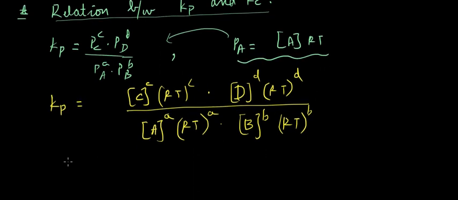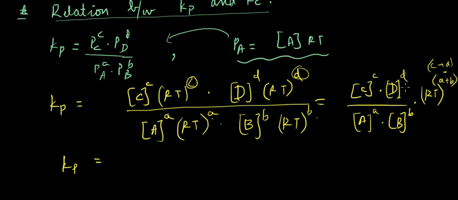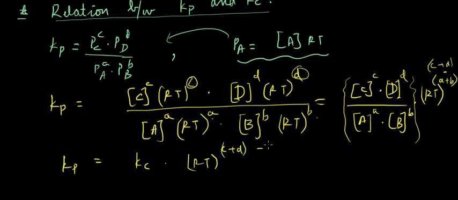So we can write Kp as the concentration of C raised to power C multiplied with the concentration of D raised to power D, divided by the concentration of A raised to power A multiplied with the concentration of B raised to power B, multiplied with RT raised to the power C plus D minus A plus B. We can see that this term is nothing but Kc, multiplied with RT to the power C plus D minus A plus B.